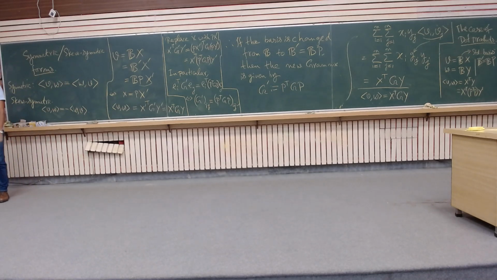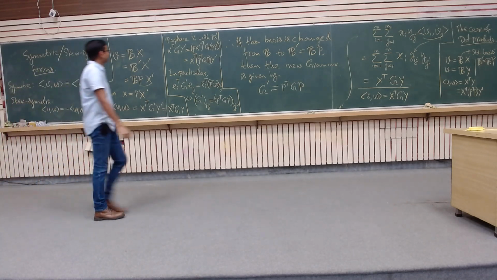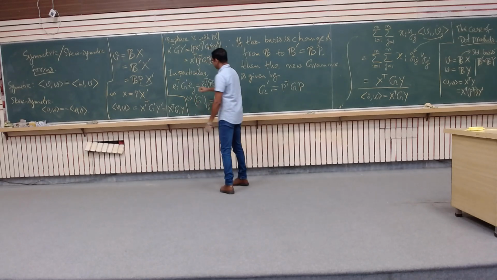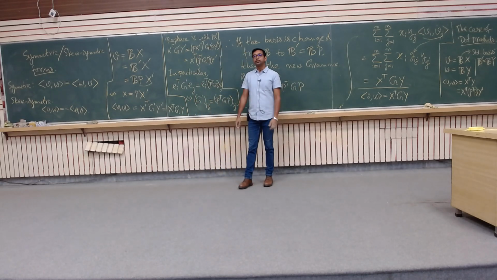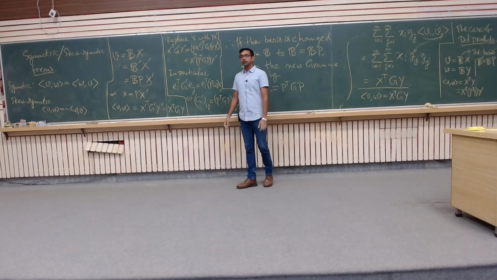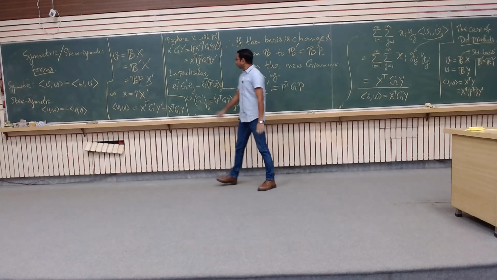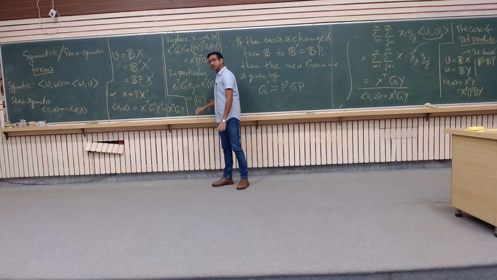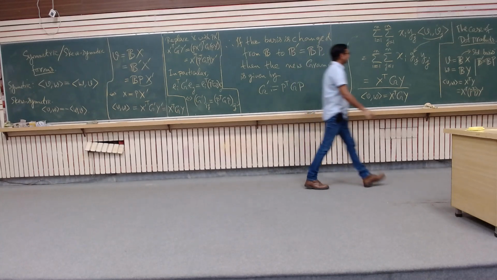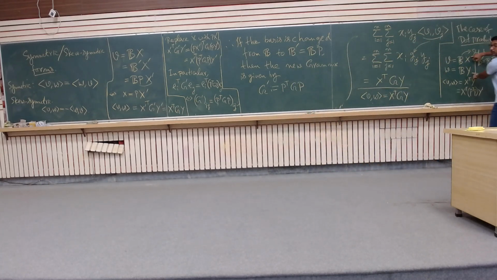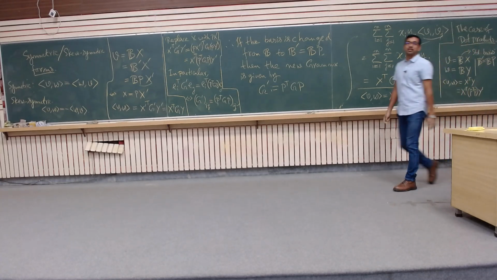Yes, Akadeep. Well, you are just taking the coordinates. So what are these? X and Y. These are just coordinates. So you are free to choose any set of coordinates.